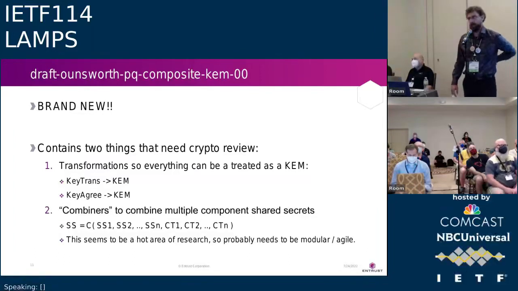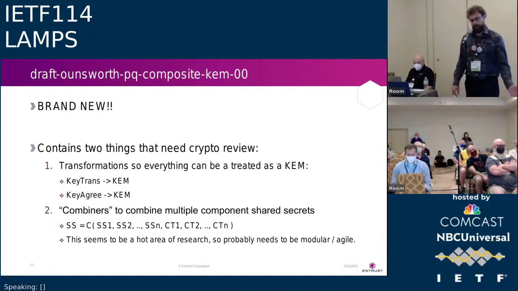And then combiners are a mess. As soon as you allow RSA KeyTrans, where the attacker could potentially have full control over the shared secret, and then they get concatenated and you have to worry about one shared secret doing block cipher boundary junk against the other shared secret, then it becomes a mess. There's a fair amount of academic literature out there, from 2018, 2019, 2021, about how to do combiners.